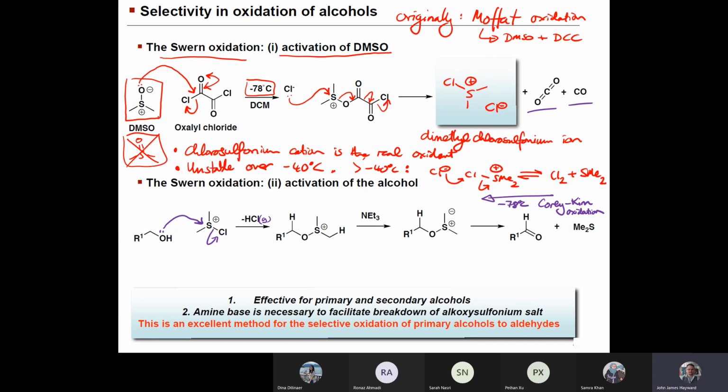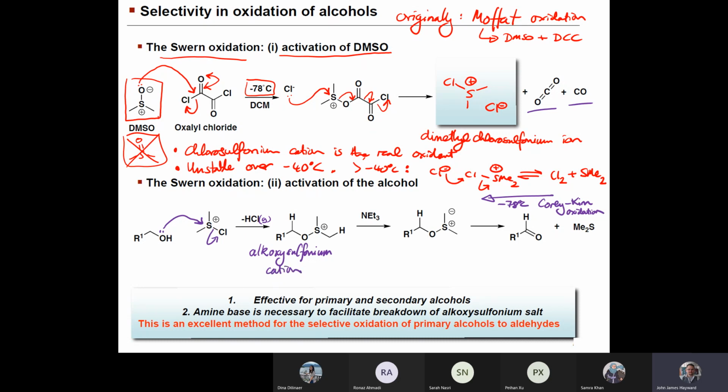So that then gives us a compound as shown here, an alkoxysulfonium cation. Sorry about the handwriting.